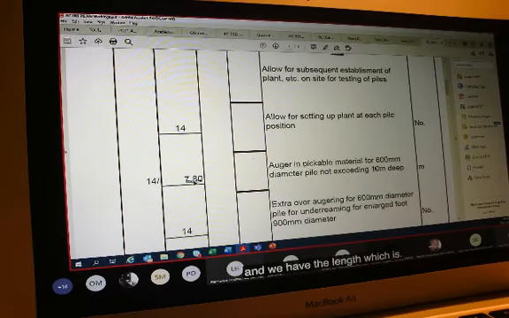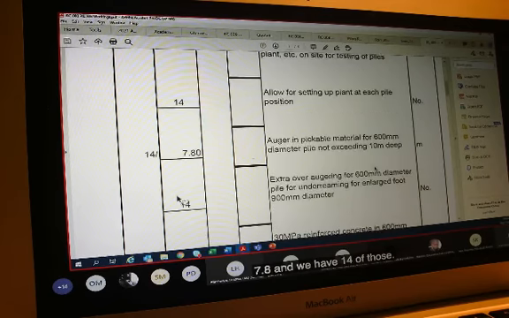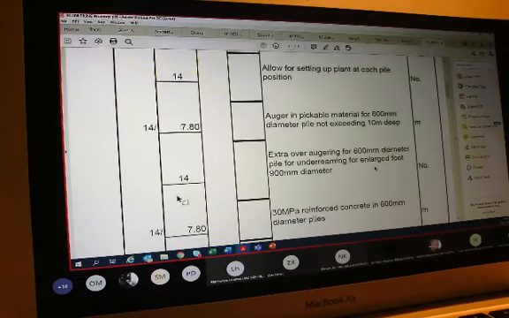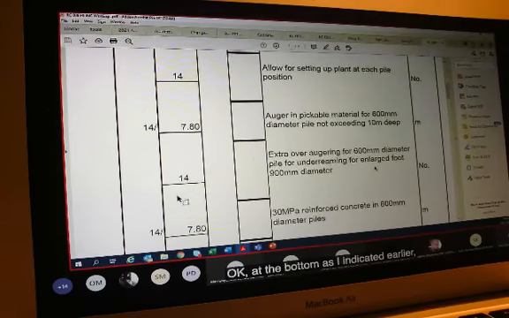So in drilling, in our description, we say auger in pickable material for 600 millimeter diameter pile not exceeding 10 meters deep, and we have the length, which is 7.8, and we have 14 of those. Okay?